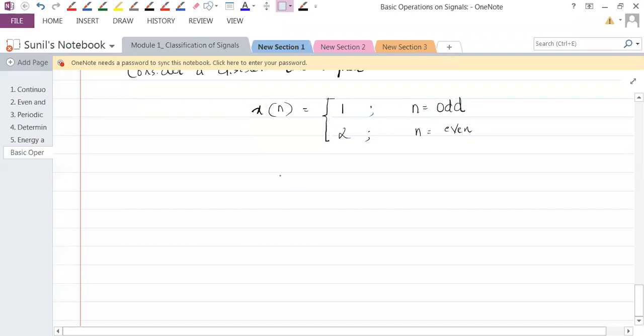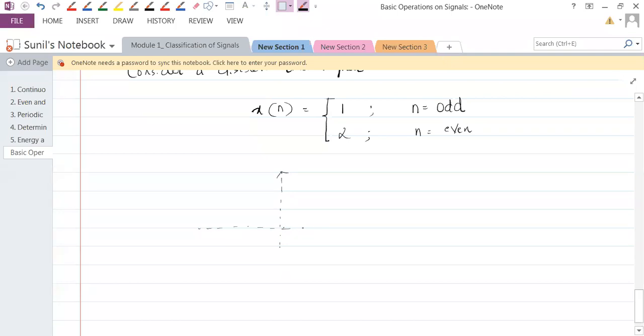Very important. Just concentrate, and at the same time you also sketch. Fine. I'm going slow, so you should not have problems copying the things. So this is x of n. Let's have 0 as the even.